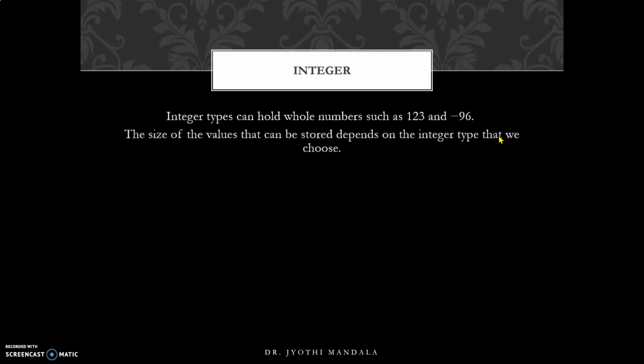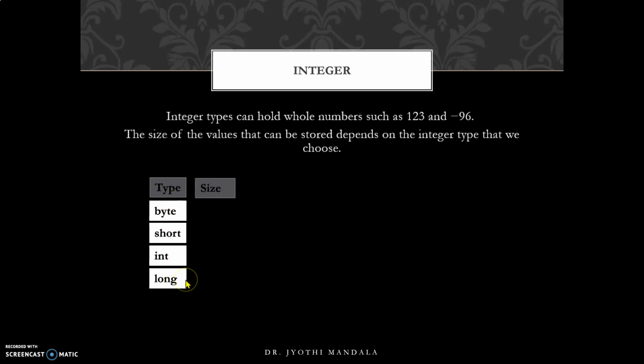Whenever we talk about the integer data type, the value always depends upon the type that we choose. In Java we have four types of integer: byte, short, int, long. All of them come under the category of integer, and depending upon the type we use, its size will be considered.